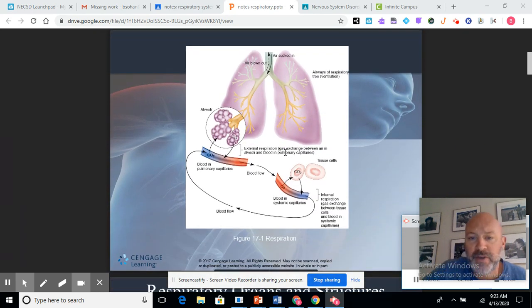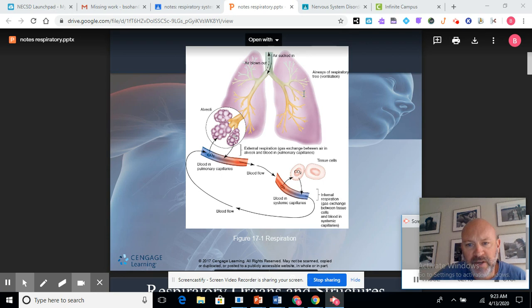So the major organs of the respiratory system are the lungs, right? We could see we have 2 lungs here. And this diagram is just showing the flow of air as air is blown in. It enters down the trachea and then splits into these 2 tubes. This is called the pulmonary trunk, and this includes the right bronchus and the left bronchus.